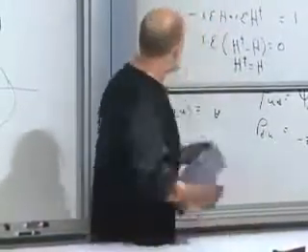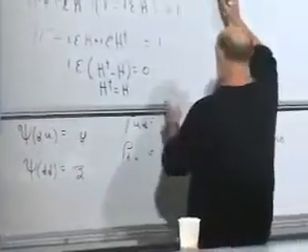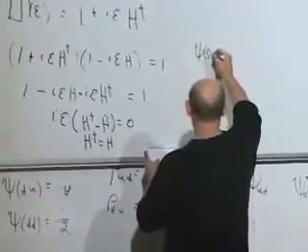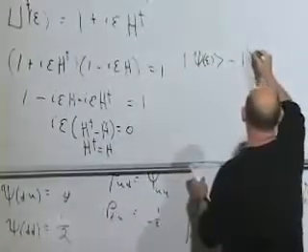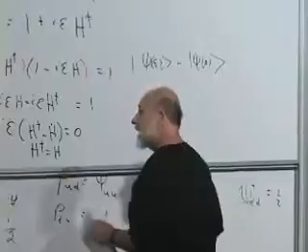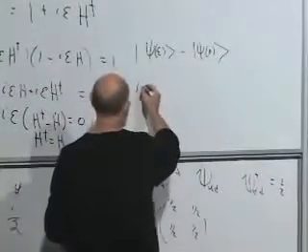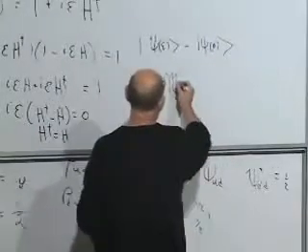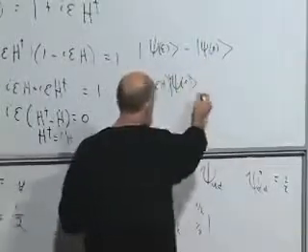We can write this another way. Let's write psi of epsilon minus psi of 0. What is that? Psi of epsilon is 1 minus i epsilon H times psi of 0, minus psi of 0.